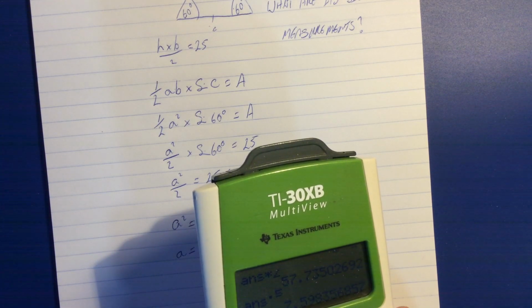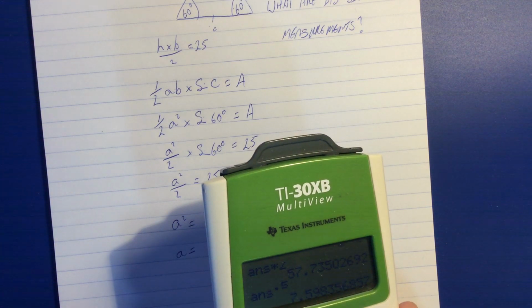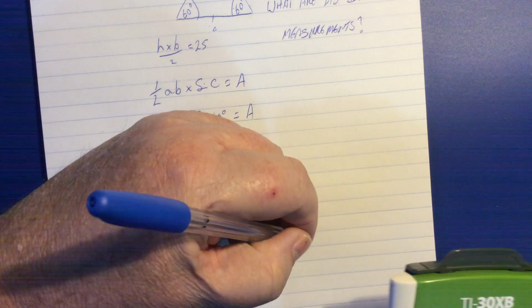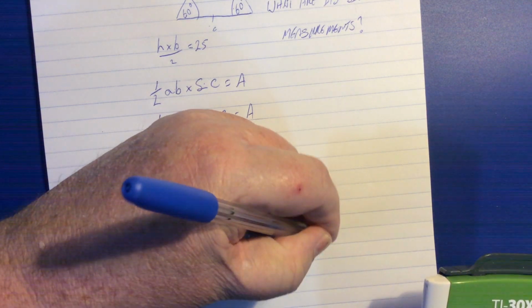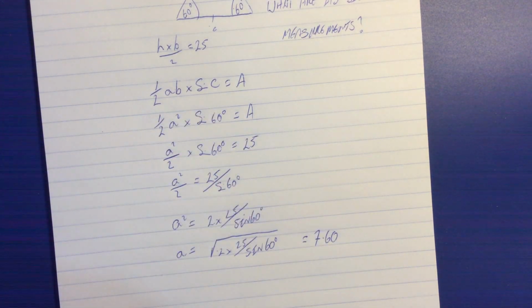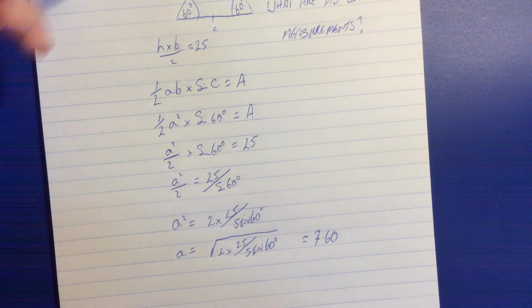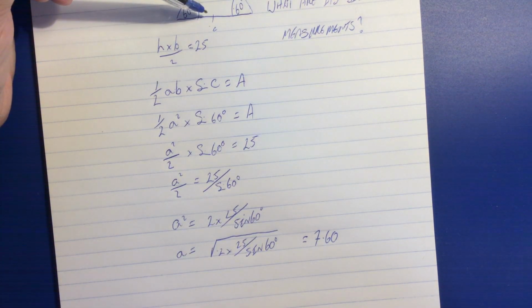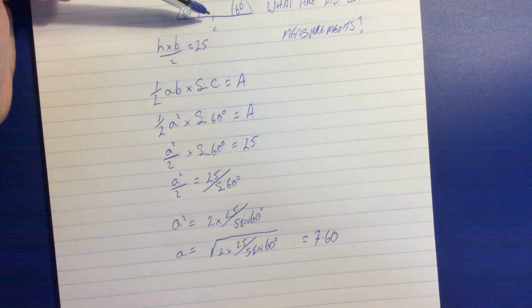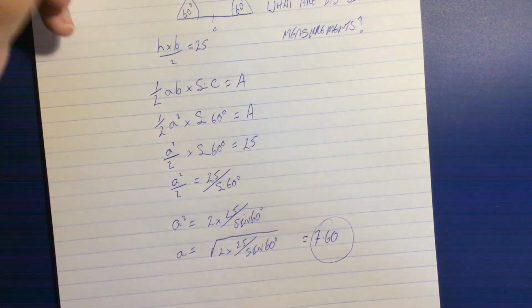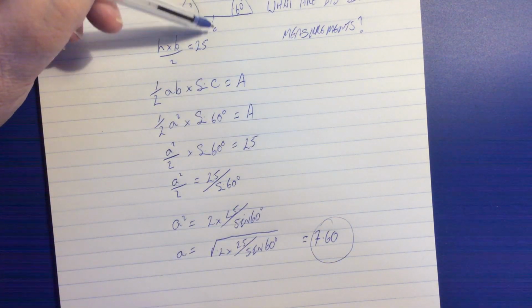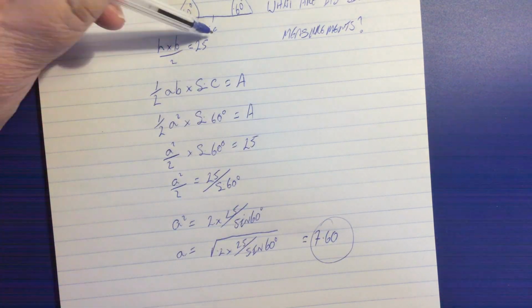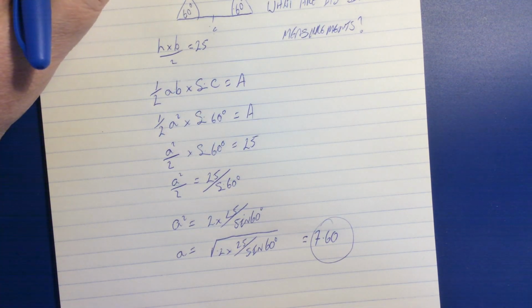So let's call that 7.60. Okay, so that's rounding to 2 decimal places. Now, that is the length of A. It's also the length of B, and it's the length of C, and that is how we figure this out.